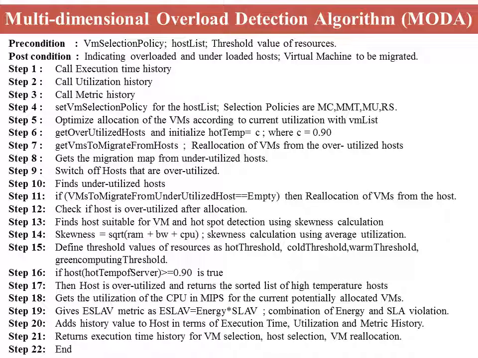Here the threshold value is checked, and it is determined whether the host is underutilized or overutilized after the allocation. We also calculate the energy as well as SLA violation, which is done by a numerical method and can be represented mathematically.